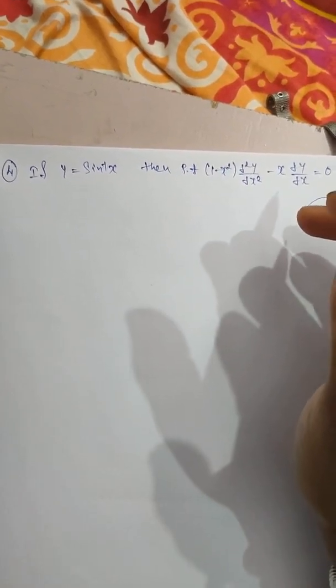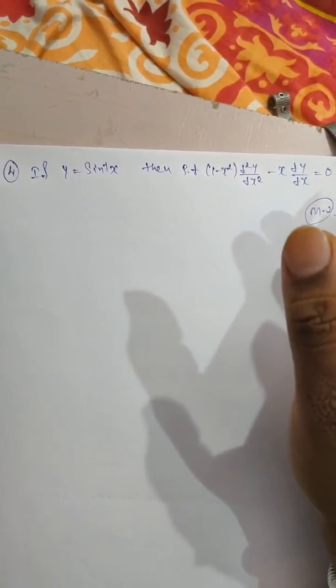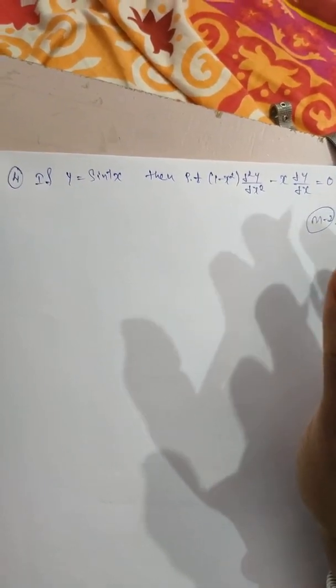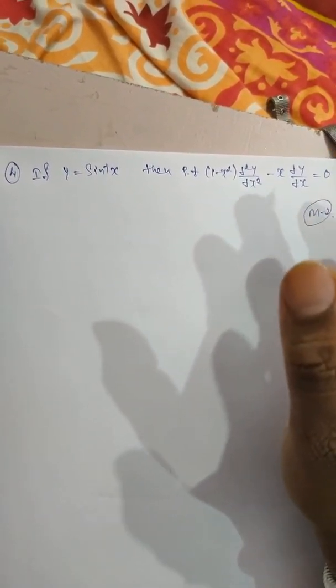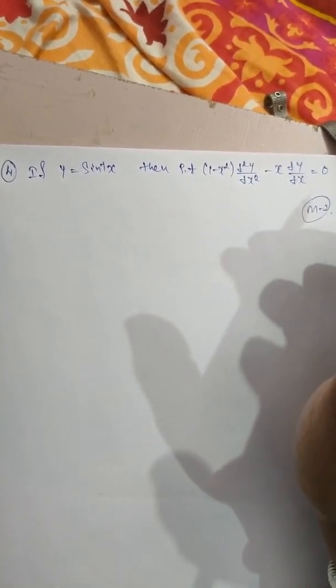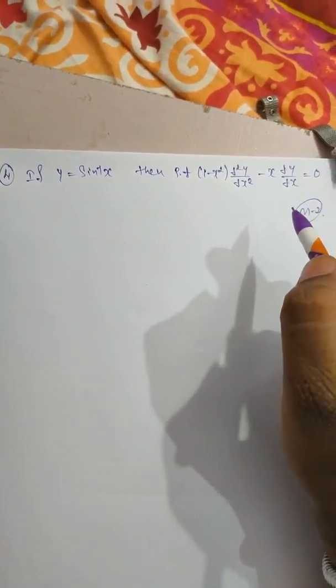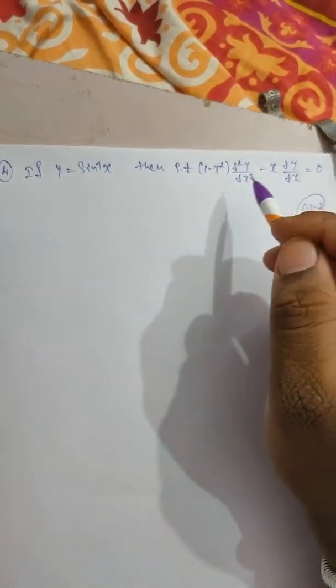Method 2 is differentiating the function twice, and after the differentiation, we prove the statement that was given. That is the procedure for method 1 and method 2. If you go through method 2, it will be easy for you. So I am solving this problem by using method 2.